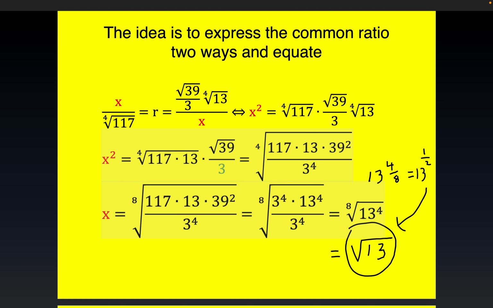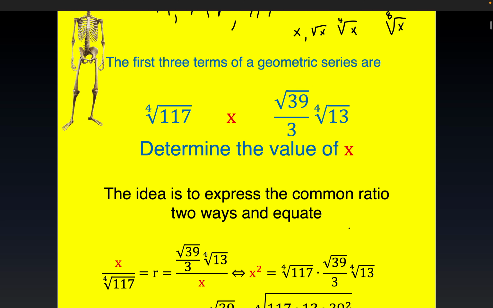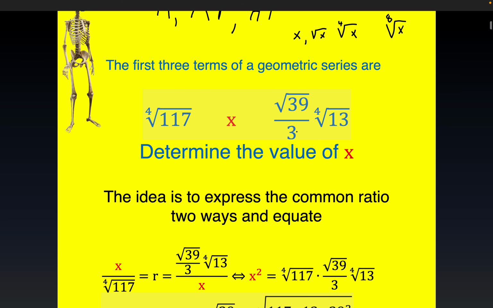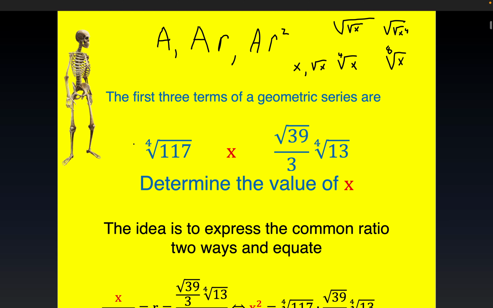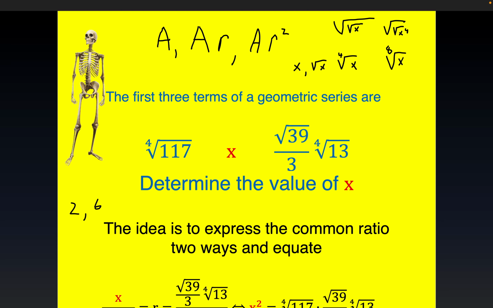And again, I like this problem because 99% of these geometric progression problems involve really nice integers or rational common ratios, like the standard 2, 6, 18, multiply by 3.